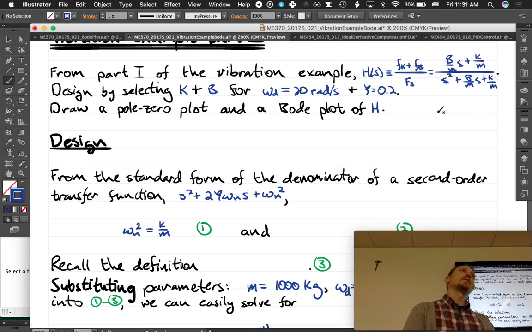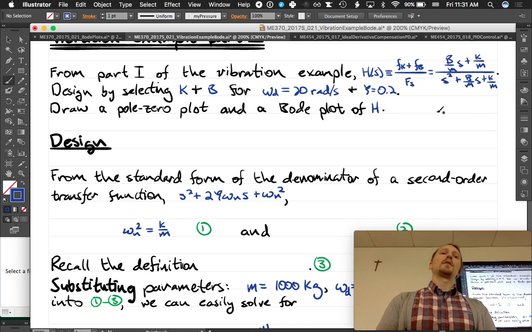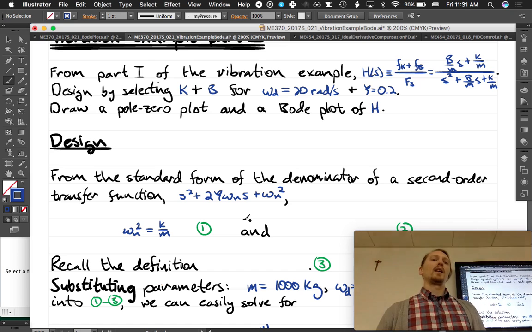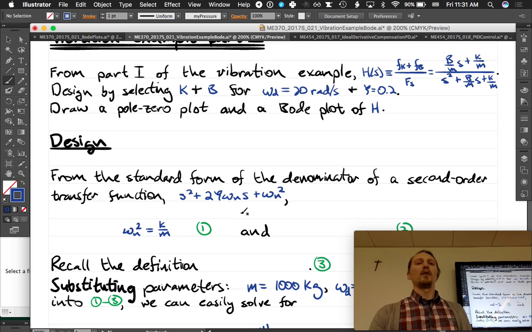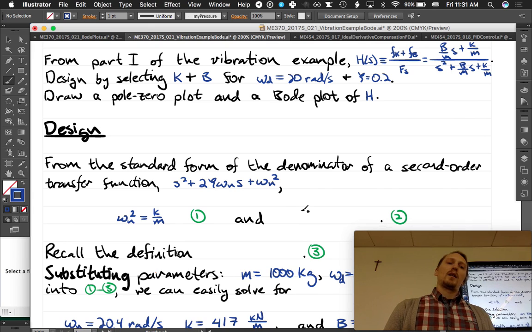So the zeros matter, but they're not as important as the poles. The denominator of the transfer function has this form. You can actually do that for a numerator too, but we often think about second order system dynamics in terms of this being the denominator. Okay. So the poles dominate the transient response? They dominate the transient response, yeah.